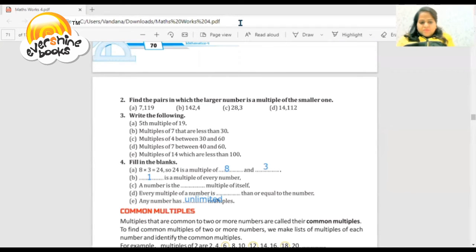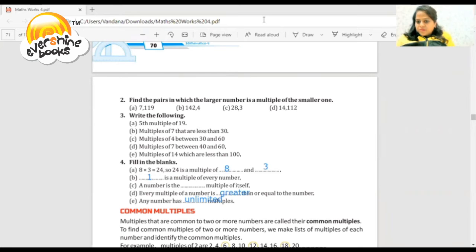Okay. No space is required here. Now in D, every multiple of a number is greater than or equal to the number. In this E, any number has unlimited multiples.